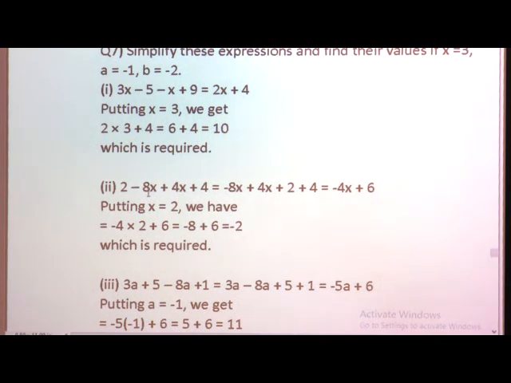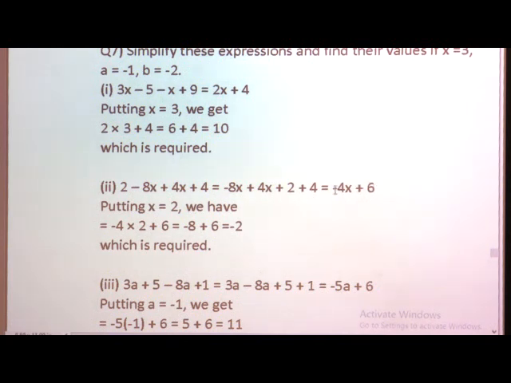We write together the like terms, minus 8x and 4x, so it will be minus 4x. We write together the numerical values, plus 2 plus 4. So, minus 8x plus 4x will be minus 4x, plus 2 plus 4 is 6.